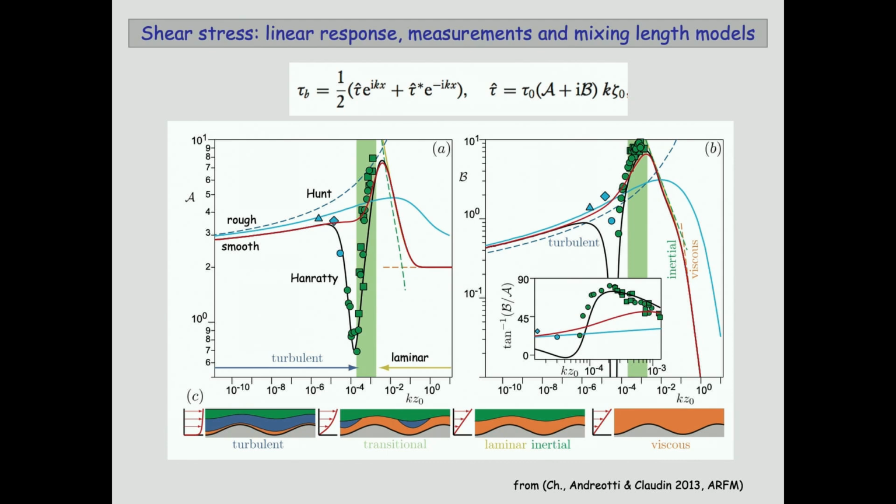Just say that for large wave numbers, for small wavelengths, the penetration depth of the disturbance induced by the bed remains inside the laminar region of a turbulent flow, and for large wavelengths, the penetration depth, which is the inverse of the wave number, enters the turbulent region, and there is a transition region.